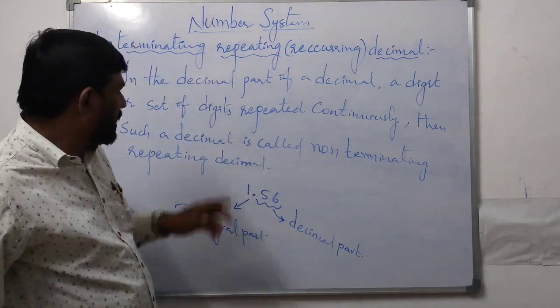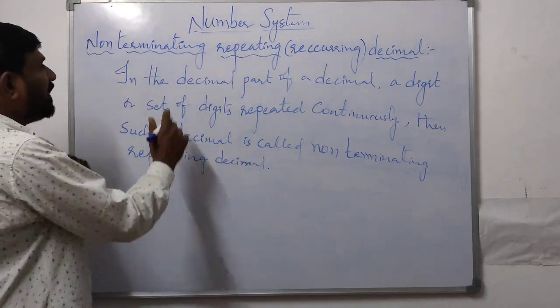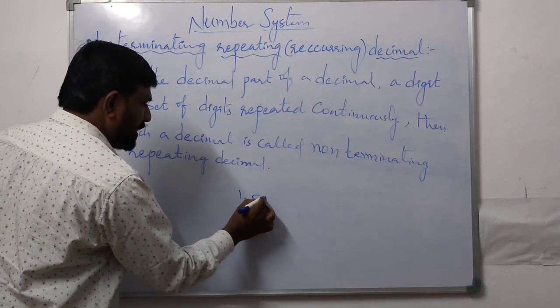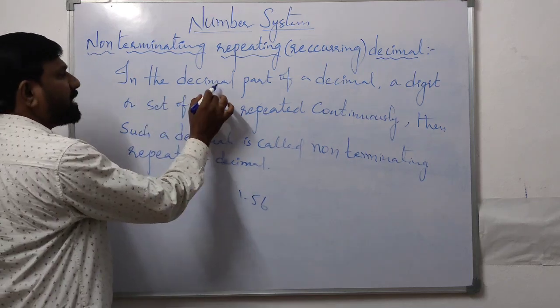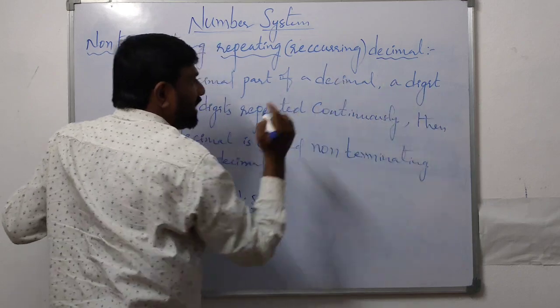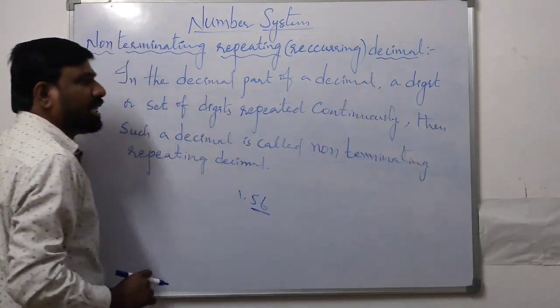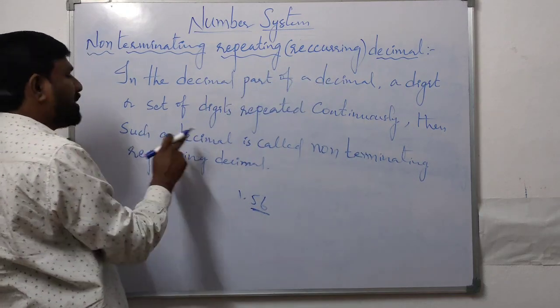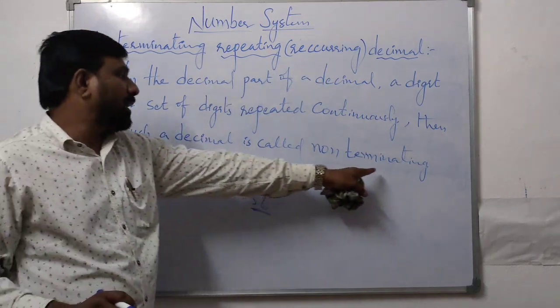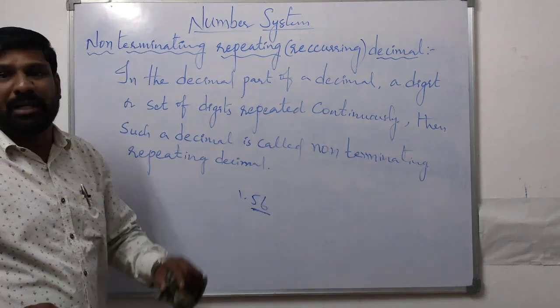Now come to the definition of this non-terminating repeating decimal. In the decimal part, 1.56 that I have written just now, right? In this decimal part, a digit, only one digit, or a set of digits repeated continuously, then such a decimal is called non-terminating repeating decimal.